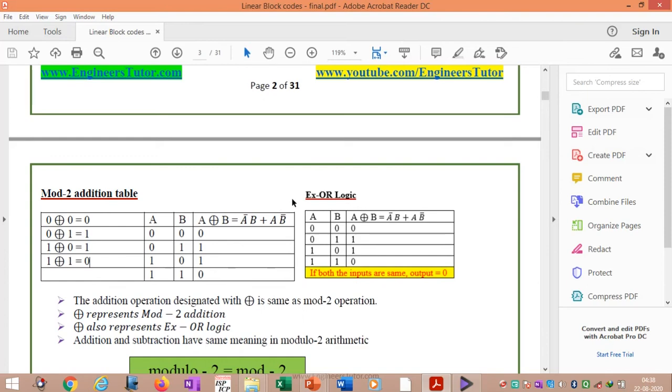Modulo 2 addition is nothing but the exclusive OR logic operation. For an odd number of 1 inputs, the output will be 1. For an even number of 1 inputs, the output will be 0. Or you can find the output from the formula: A exclusive OR B equals A bar B plus A B bar. This represents modulo 2 addition, also the exclusive OR operation.